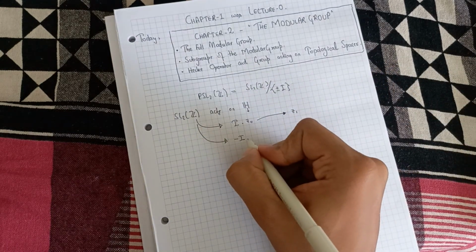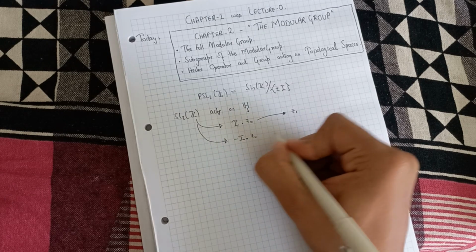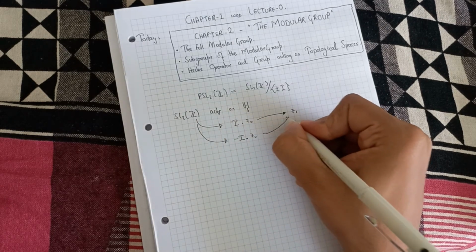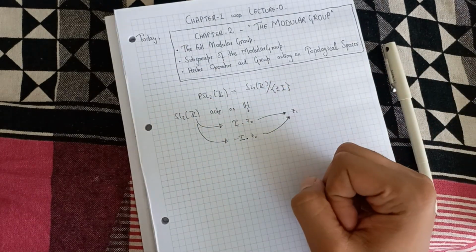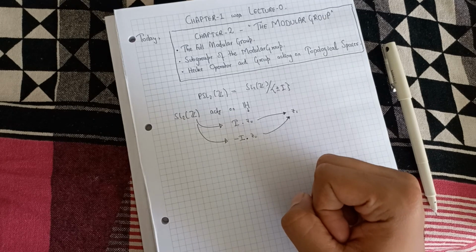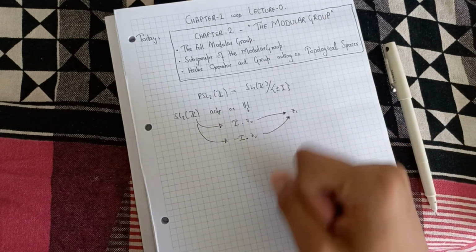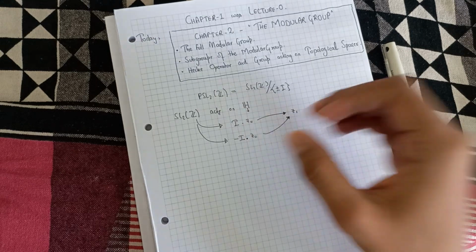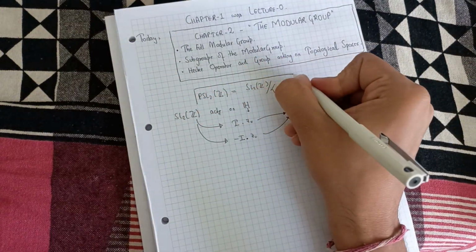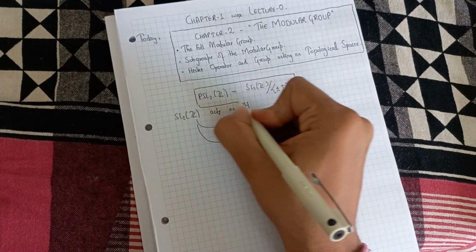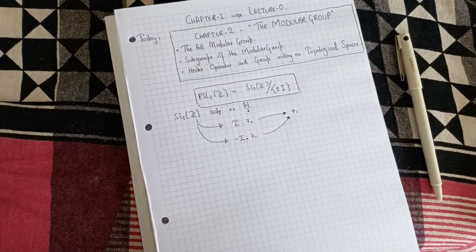Then the matrix minus I acting on z0 will also land on z1. So the negative sign is not affecting the action we are going to discuss in the further theory. That's why they define the modular group as a kind of projective special linear group over Z. So that's the reason for this construction.